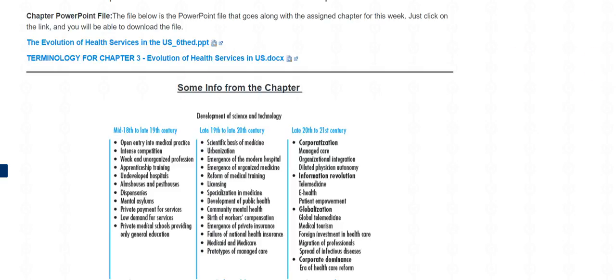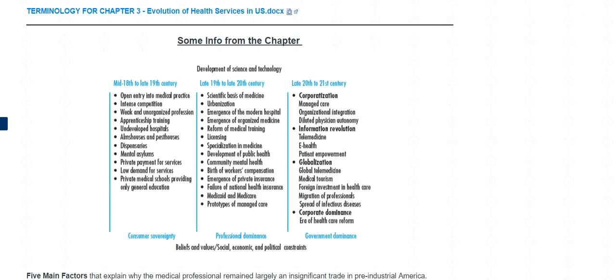So as you can see here, we have a table that shows you the evolution medicine went through in relation to the impact of the development of science and technology. Advancements in science and technology were one of the reasons for the increase in demand for medical services.